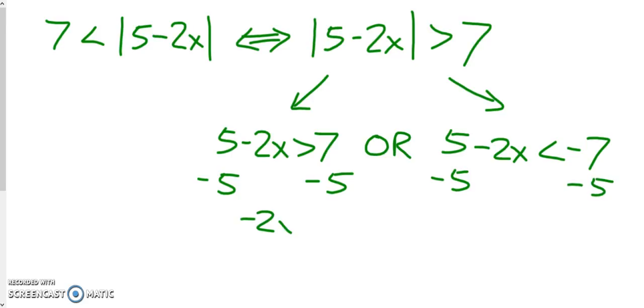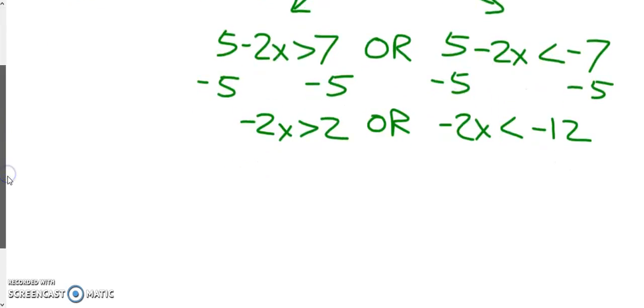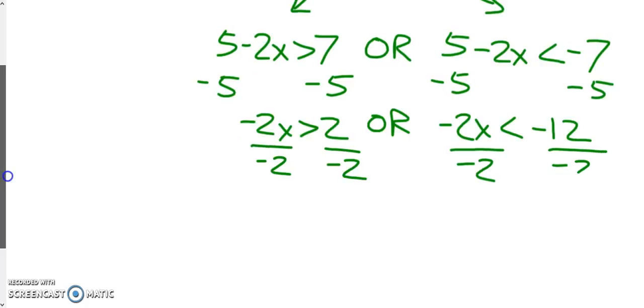So negative 2x is greater than 2, or negative 2x is less than negative 12. Divide by negative 2. So this would be what?